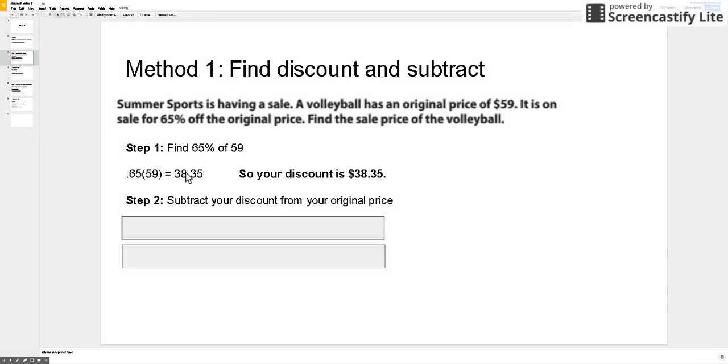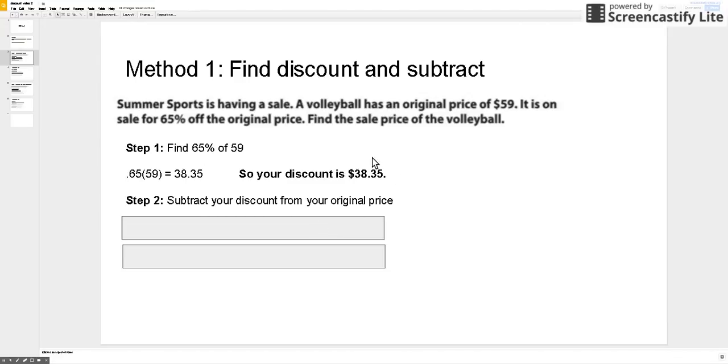And you should end up getting 0.65 times 59. Right? If we remember, part equals percent as a decimal times your whole. So 0.65 times 59 to get 38.35. Okay, so that means that your discount is $38.35. So all we did was we found 65% of $59 and we got $38.35.